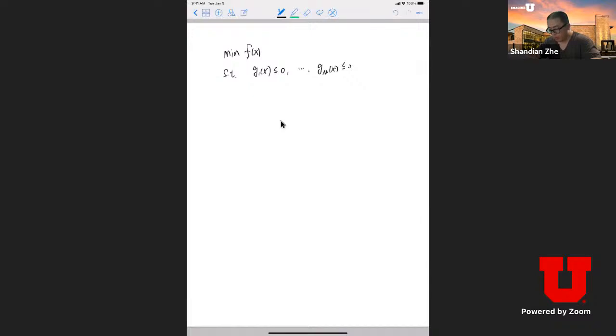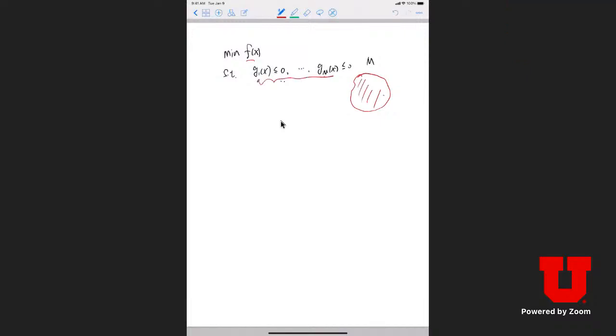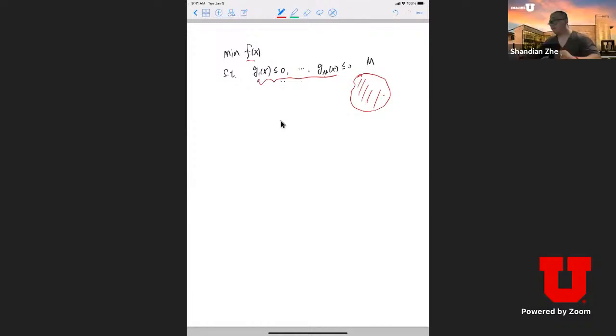Those represent M constraints, and we call g1 to gM the constraint functions. This set of inequalities defines a region over which we search x to minimize the objective function. This region is called the feasible region, determined by these M constraints. This is the general formulation of constrained optimization.